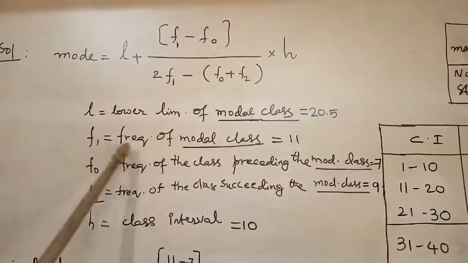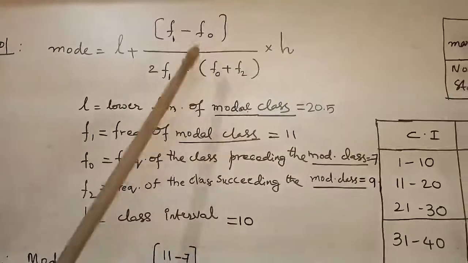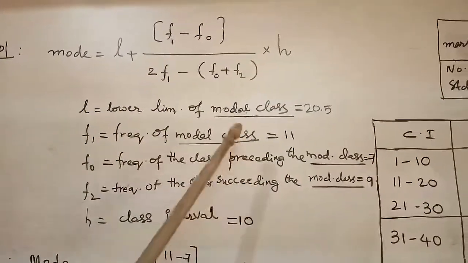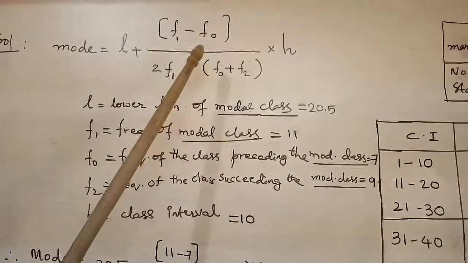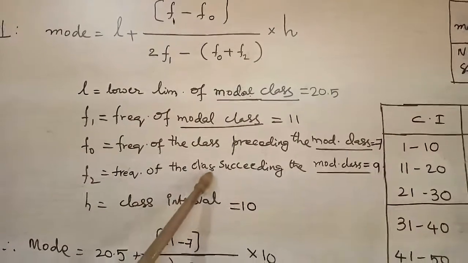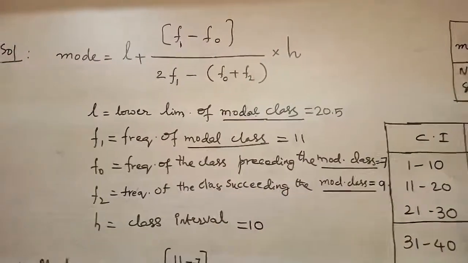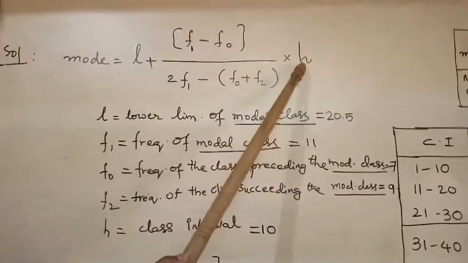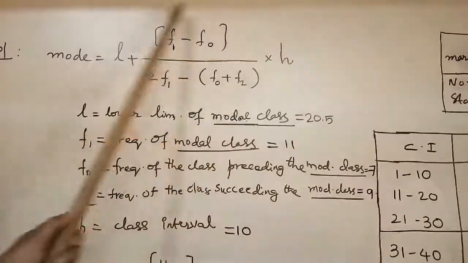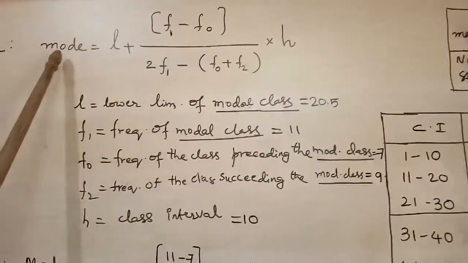F1 means the frequency of the modal class. F0 means the frequency of the class preceding the modal class. F2 is equal to the frequency of the class succeeding the modal class. H means the class interval or height of the class. These are required to find the mode.